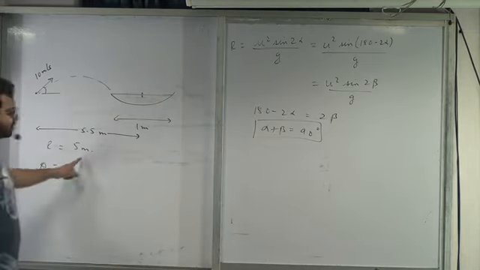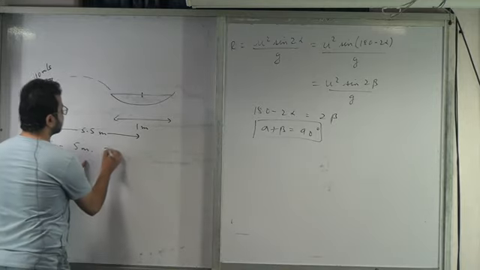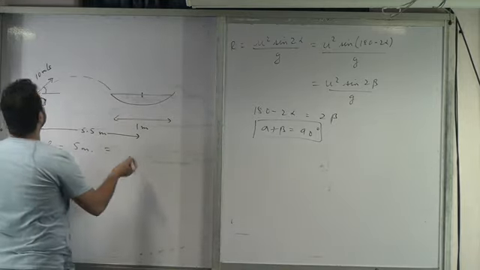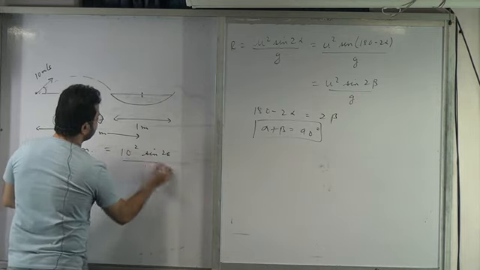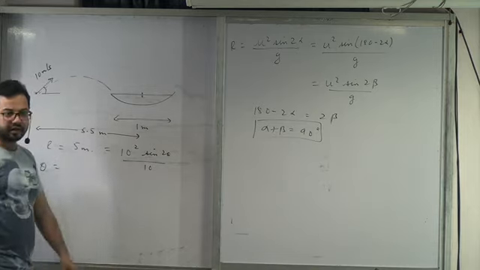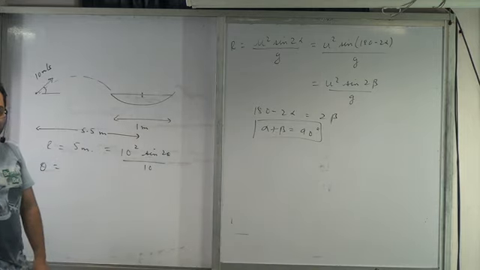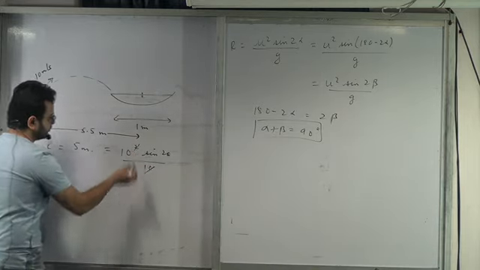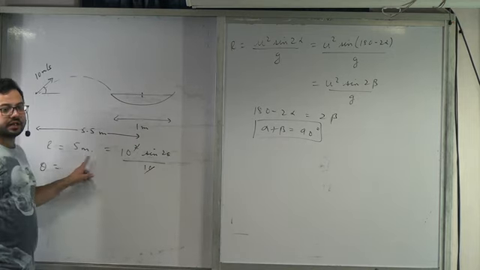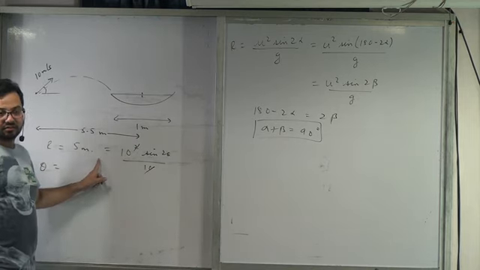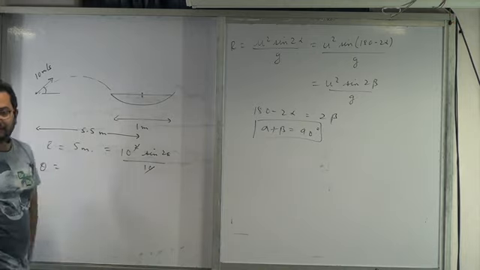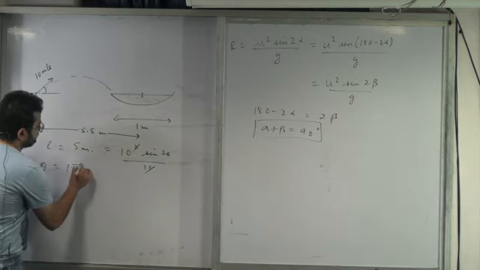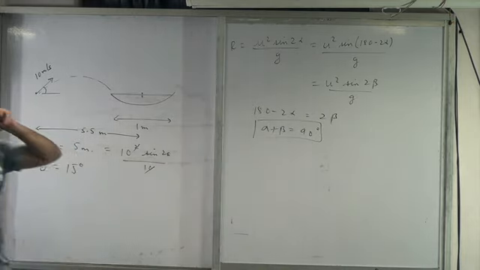The range is 5 meters, which is equal to u square, that is 10 square, into sine 2 theta divided by g. Sine 2 theta is half. Then 2 theta is 30 degrees, so theta is 15 degrees. So you'll get a successful shot at theta equal to 15 degrees.